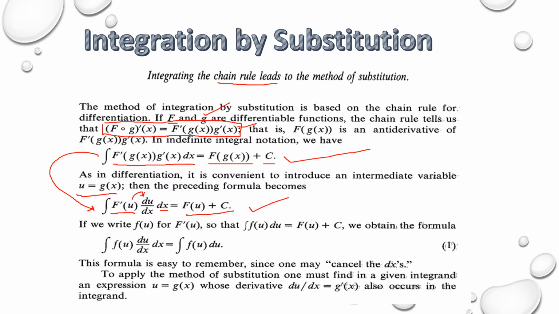Now if we write small f of u for F dash of u, so that the integral of f of u with respect to u will be equal to F of u plus c, we obtain this simplified formula: the integral of f(u) du by dx and dx is equal to the integral of f of u du.